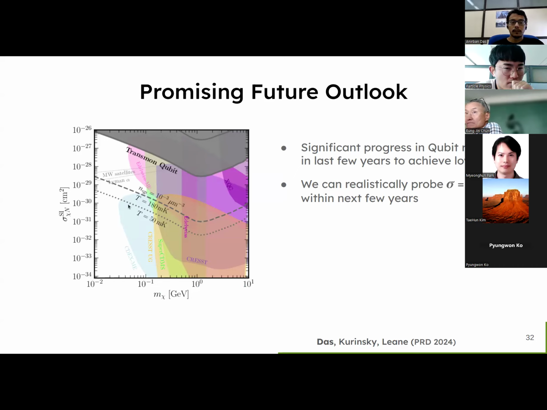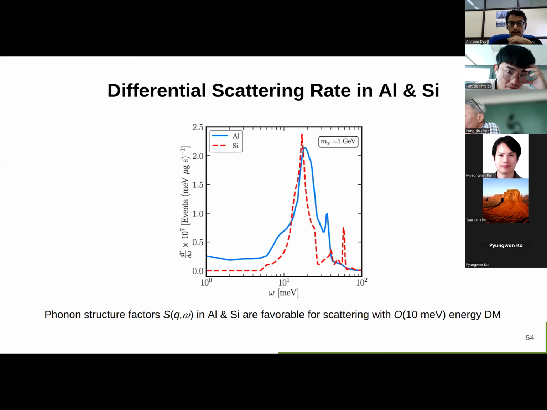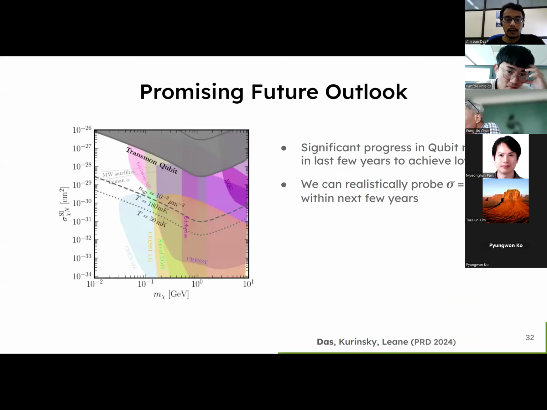Right. So, how can you use this? Let me see if I have the backup slide for that. So here, this quasi-particle number density is a sum of two quantities. One is the quasi-particles excited by dark matter, and the other is thermally excited.